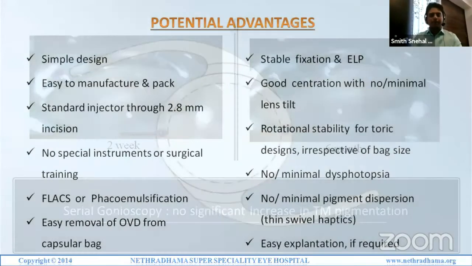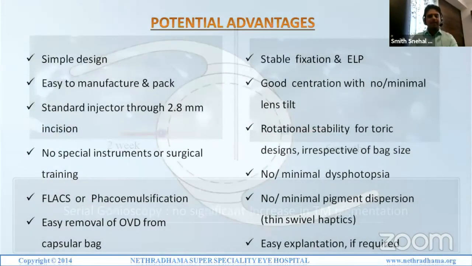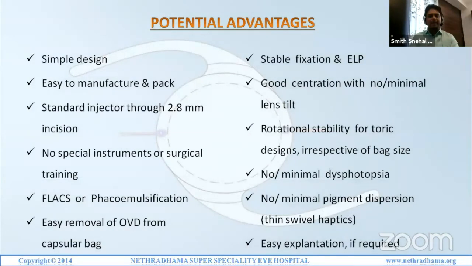Thus, the lens offers numerous advantages such as a simple design, easy manufacturing and packing, standard injection through a 2.8 mm incision, the requirement of no special surgical instruments or training, and it can be used in manual phaco as well as femtolaser assisted cataract surgery, as capsulotomy size is not a concern and a perfect capsular axis, unlike a Femtis lens, is not a prerequisite, and the removal of OVD from behind the capsular bag is easy.